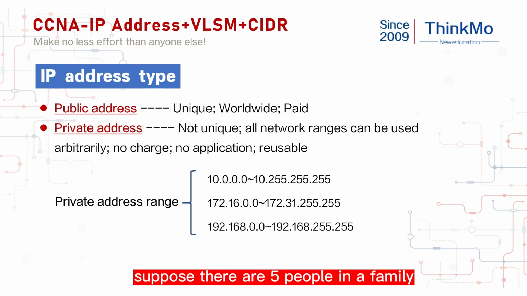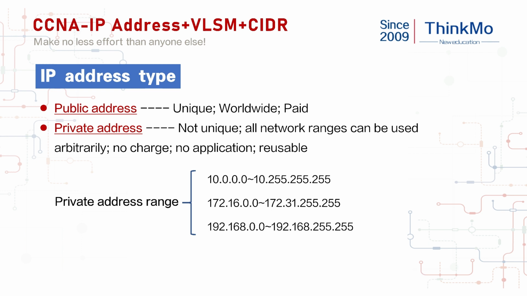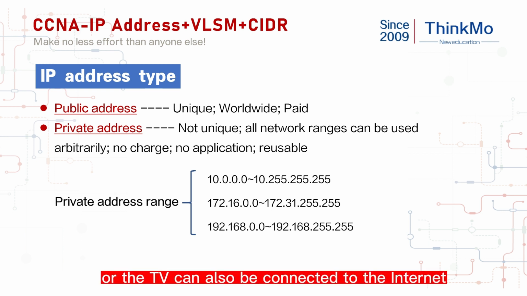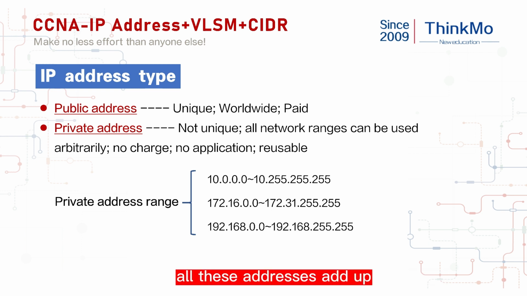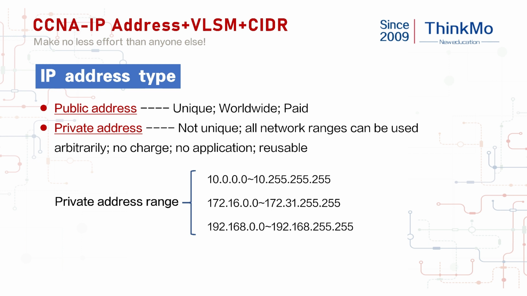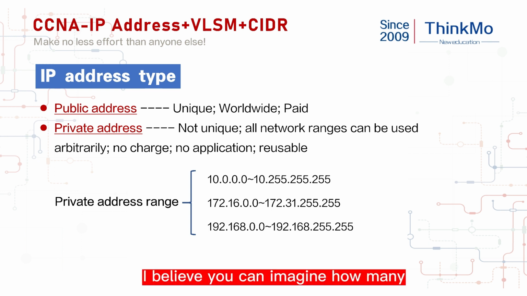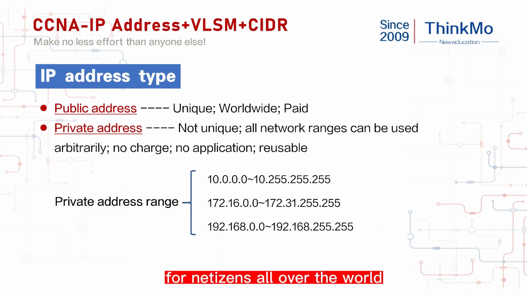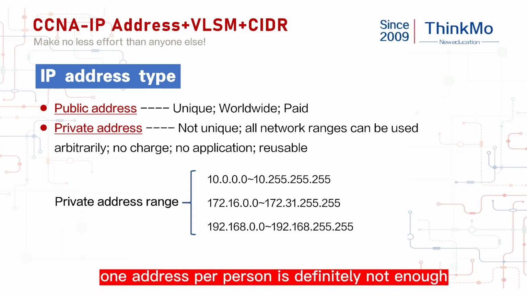Suppose there are 5 people in a family; that will occupy almost 10 addresses. Including at home now, smart speakers or smart sweeping robots, or the TV can also be connected to the internet. All these addresses add up. I believe you can imagine how many. For netizens all over the world, one address per person is definitely not enough.